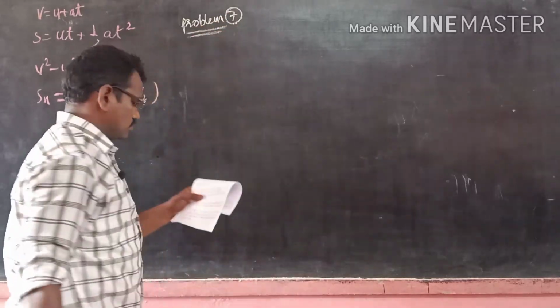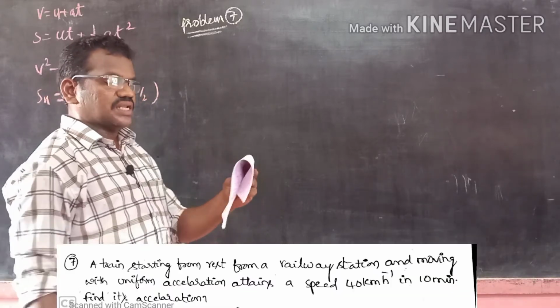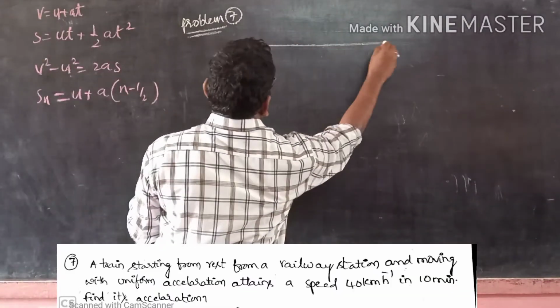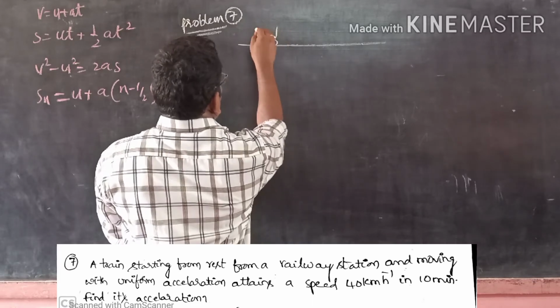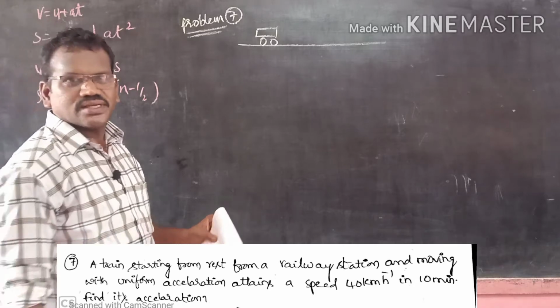Now 7. A train starting from rest from a railway station. So a rough diagram I am going to draw. Consider this is the train. For every problem we will draw that only.